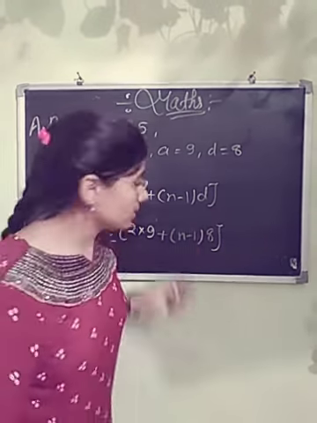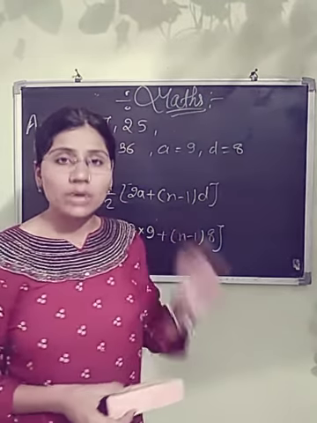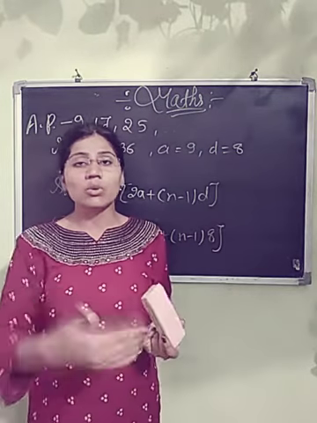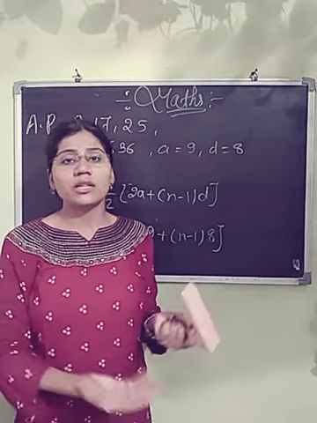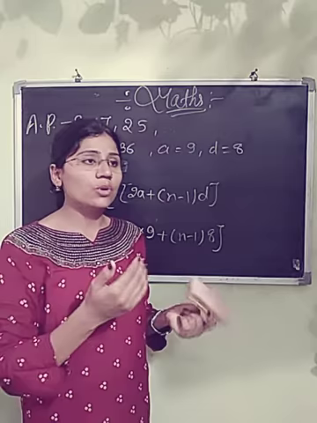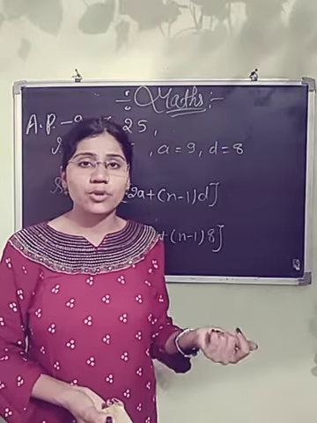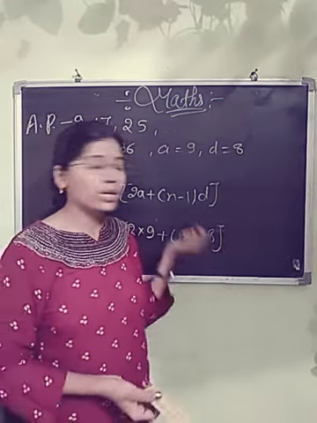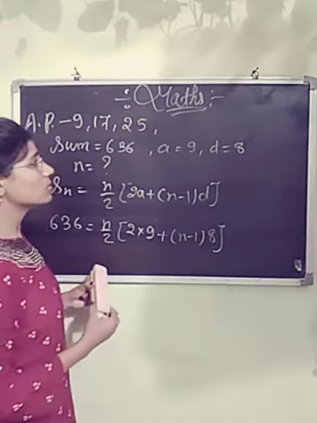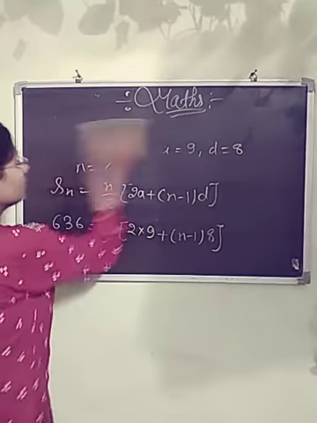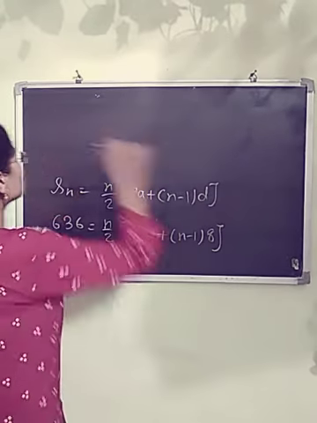Before solving this, let me remind you once again that whenever we are talking about n, that means we'll deal with a quadratic equation. In the previous video also I told you that a quadratic equation is nothing more than a quadratic polynomial. If you have understood quadratic polynomials and you know how to solve them to find their zeros, similarly over here, if you know the splitting the middle term method, we can do splitting over here and easily find the value by using the same method.